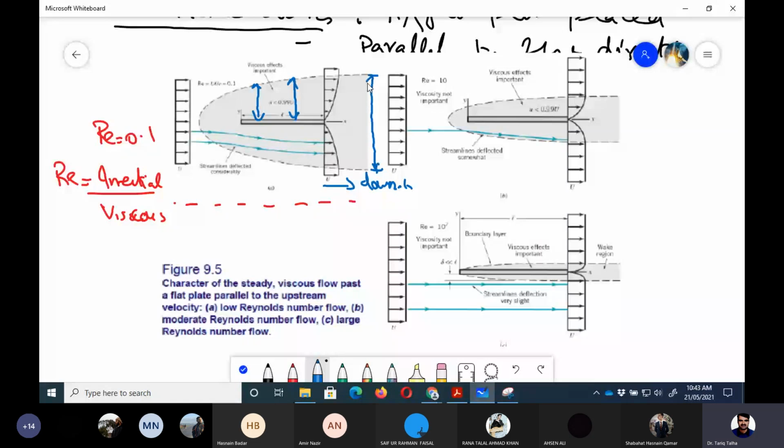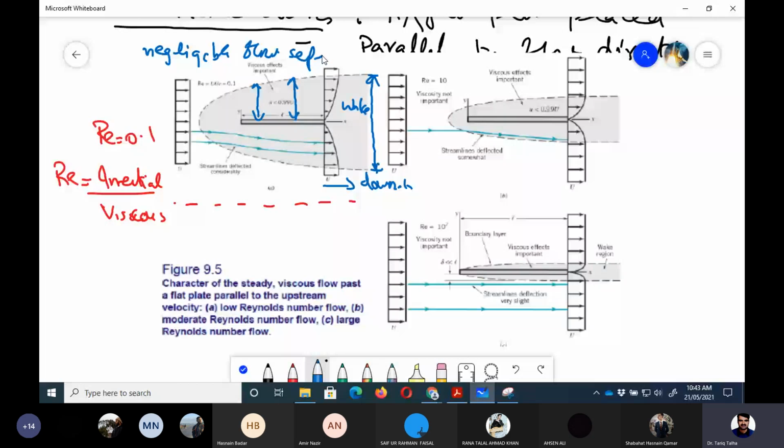So the wake region is very large, the boundary layer thickness is very large, and then is there any flow separation? No, because it is a streamlined body, so there is no flow separation at all for flow past a streamlined body. So negligible flow separation.